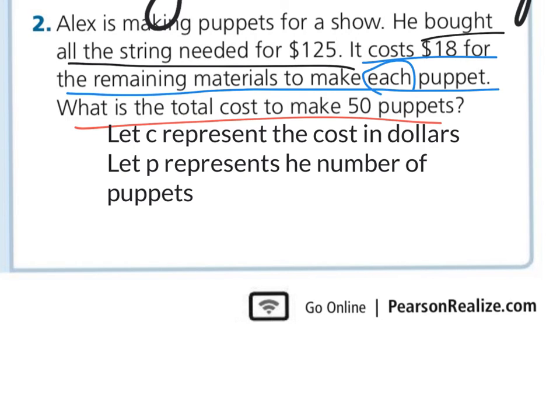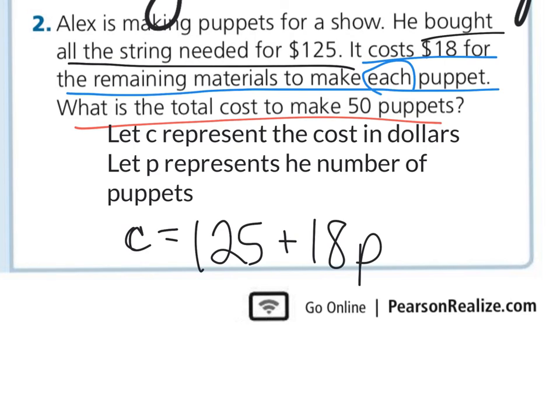So our cost would be equal to, we start out with $125 and then plus $18 for each puppet, so 18 times P would be that cost.